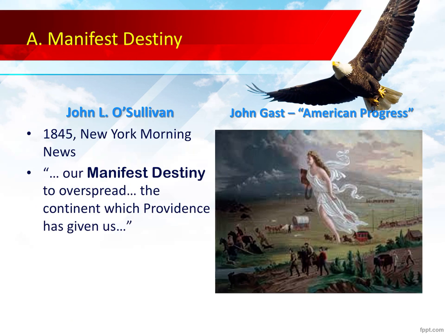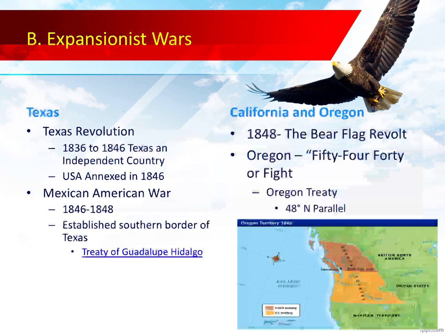And this is hard to talk about, but it was their view that they had to spread light across the American continent. Of course, to do that, you have to wipe out people, and that's a part of history we don't like to talk about, but it did happen.